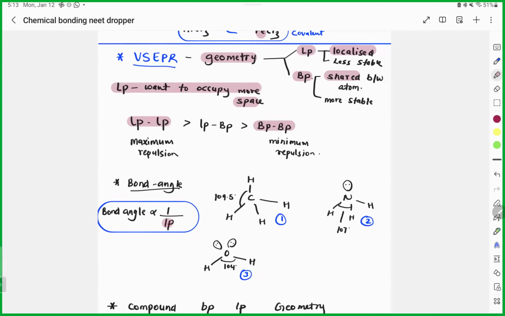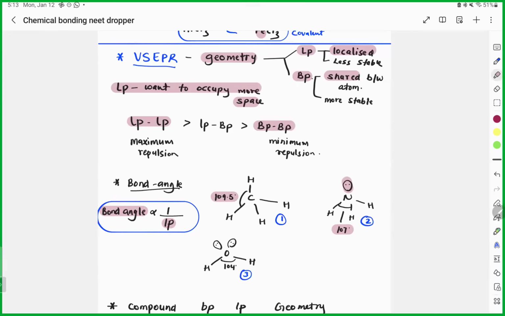If you increase lone pairs, then bond angle will decrease because of the repulsion. Example, in CH4, you don't have any lone pair, bond angle is 109.5 approx. Second, if you have one lone pair, in this situation bond angle will reduce to 107. Reason? Same.